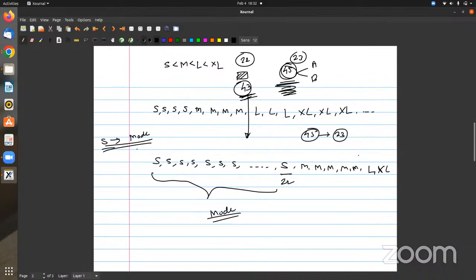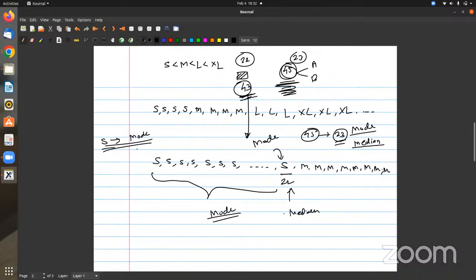So 22 would be the median, so S size. 23 out of 45 will be mode also and median also, right? Because let's say all the rest are medium. Out of these 45 people, if all the others are medium size jerseys, still S will be the mode as well as the median, right?